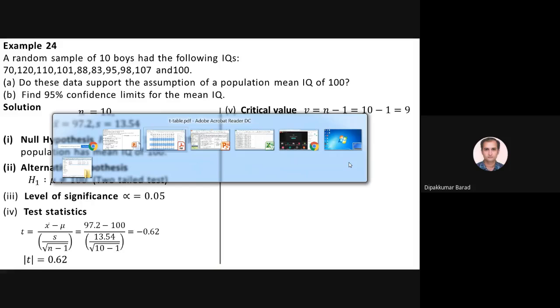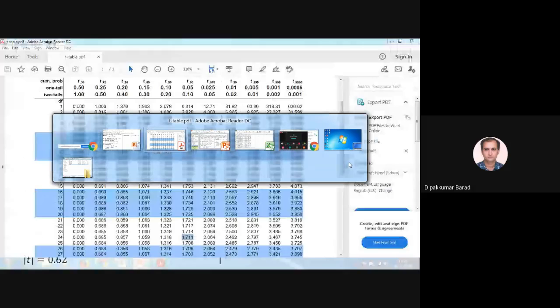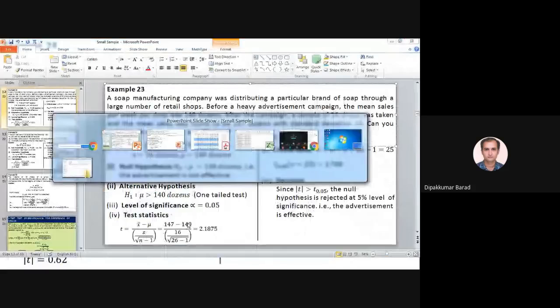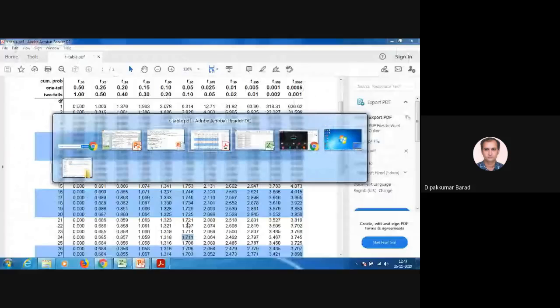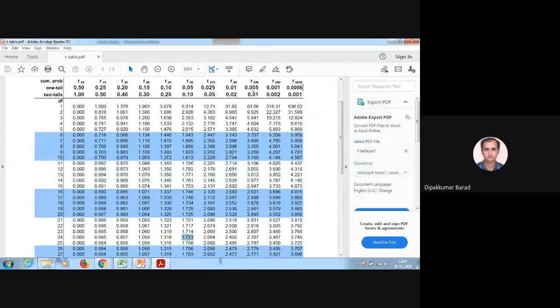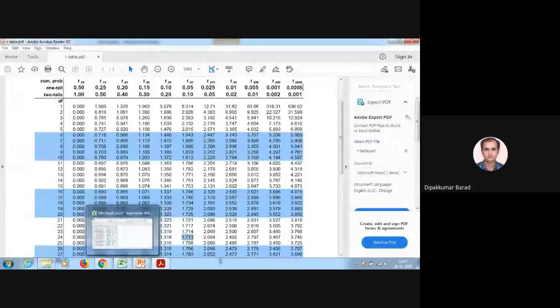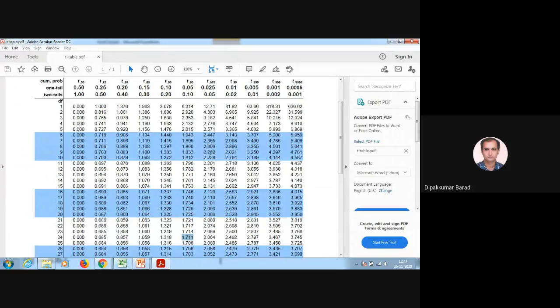Okay, so first let us see what I get from the table. For two tail 0.05 here, and the degree of freedom is 9. So for two tail 0.05 and 9, what I get here is 2.262.